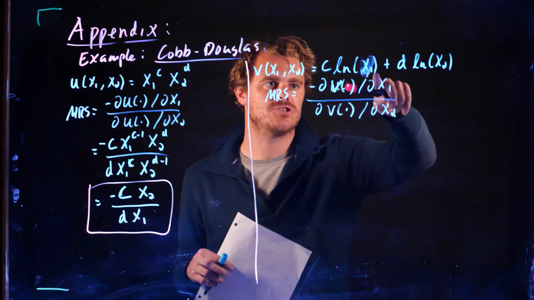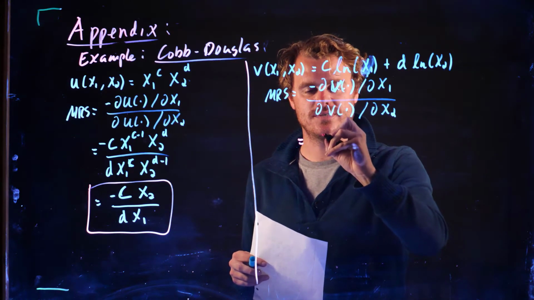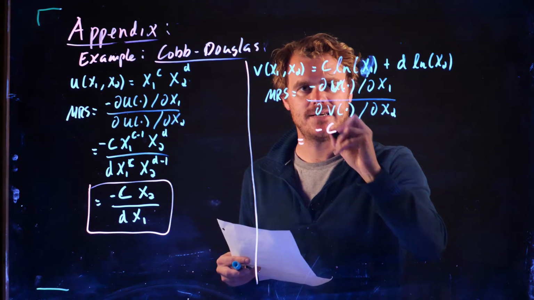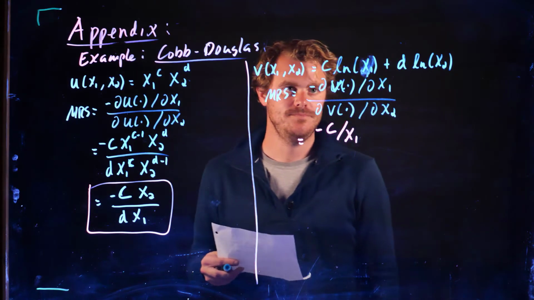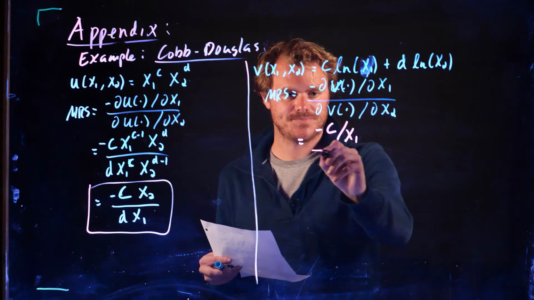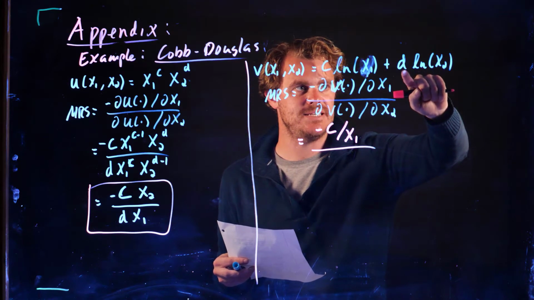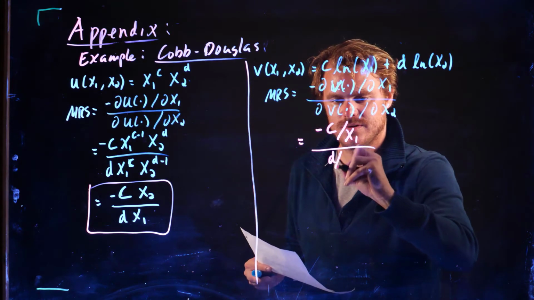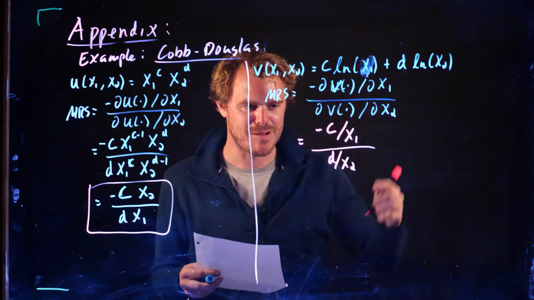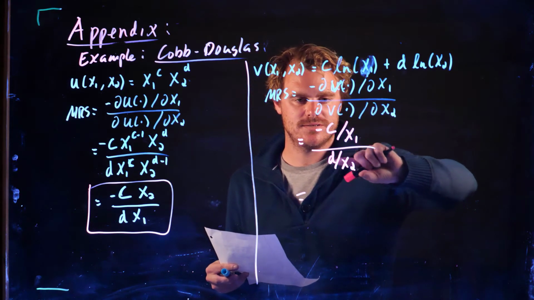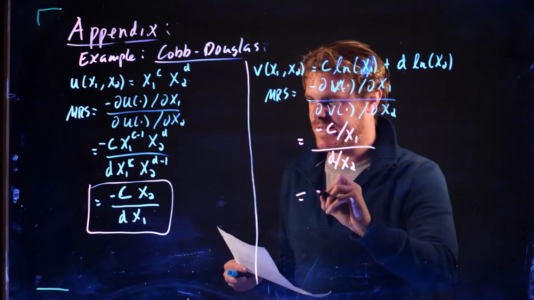Remember, the derivative of the natural log of x1 is 1 over x1. So what this equals is minus c, I just put in the minus already, over x1. That's the numerator here. Now take the derivative of the same function with respect to x2. Well, that's d over x2. Again, the derivative of the log of x2 is 1 over x2. You just got to remember those logs. Well, we have a fraction over a fraction, so we can flip it and multiply, and we're going to get the exact same thing.